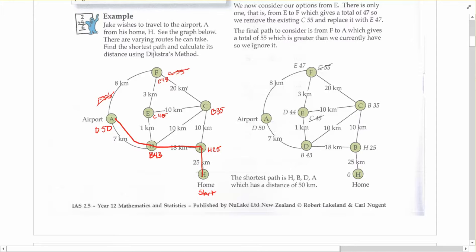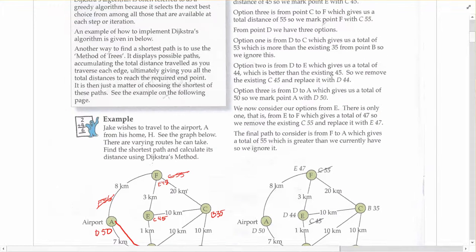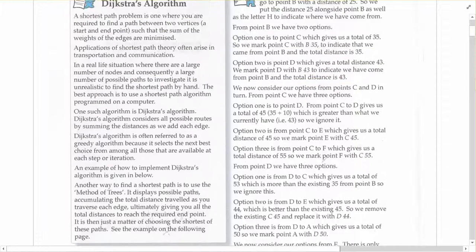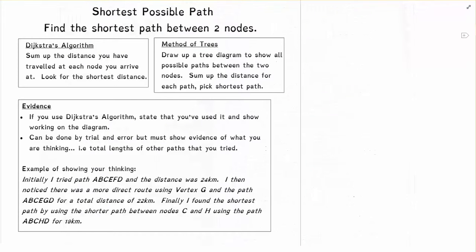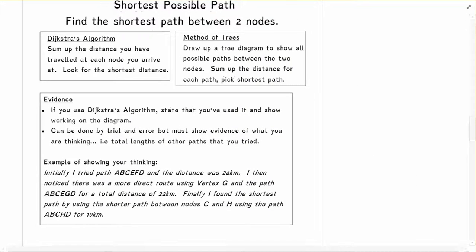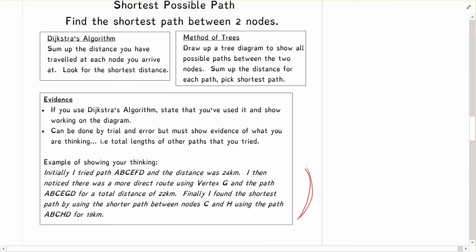As you get into these, it's important to try to show your working and show your thought process, especially on the assessments. You'll end up writing some information similar to what they've written out here as an example for you. And also in the notes that I've given you, there's another example of the thought process here, so you can look at how to write that.